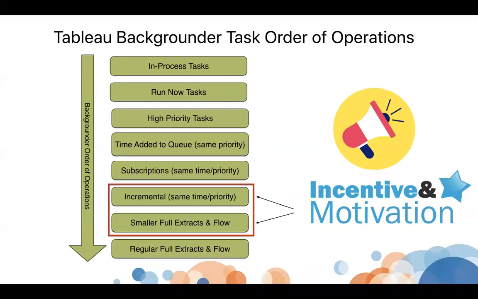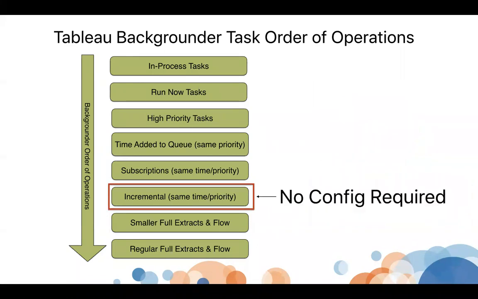There is a big incentive, a big motivation, for them to design smaller extracts and to use incremental extracts, so they can get higher priority, not priority, but they can run before many of the other regular extracts. That's the main intent I want to highlight here. Just make sure you let everyone know. That's the incentive for publishers.